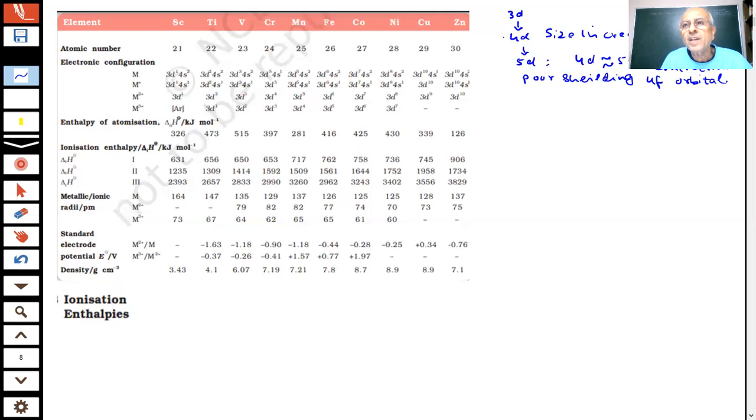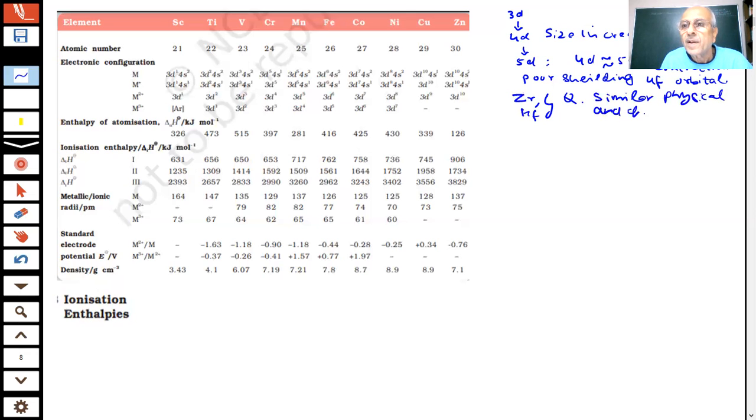So, what is the important point here? The contraction in size took place, and this question has been asked many times. For example, zirconium and hafnium have similar physical and chemical properties.